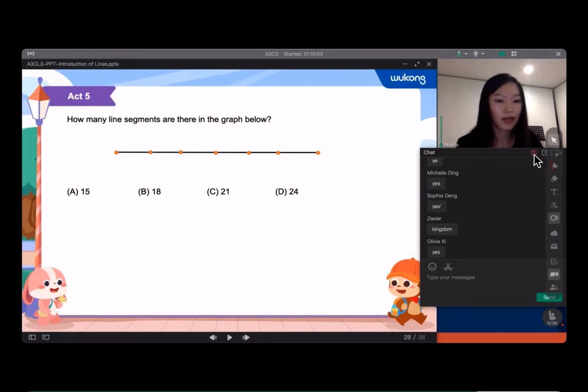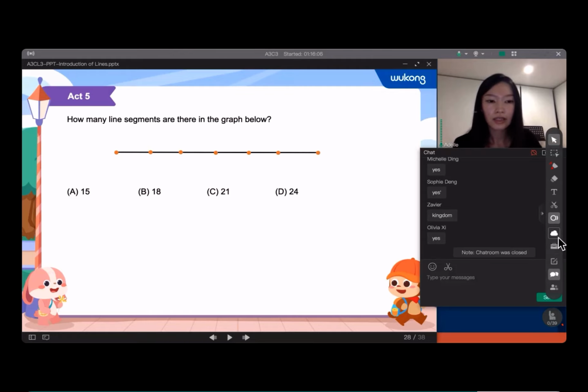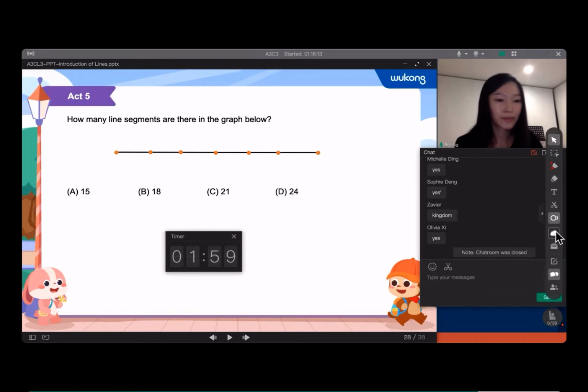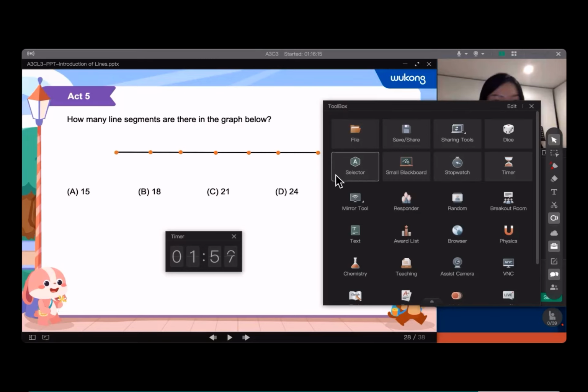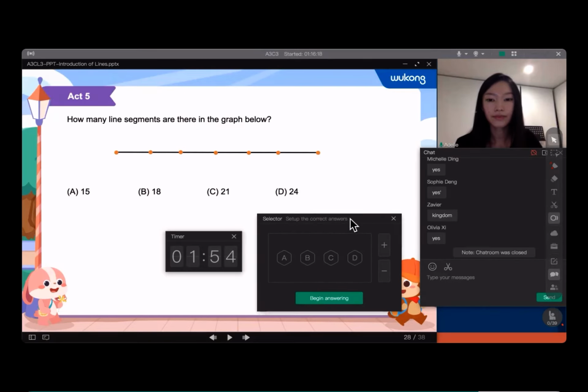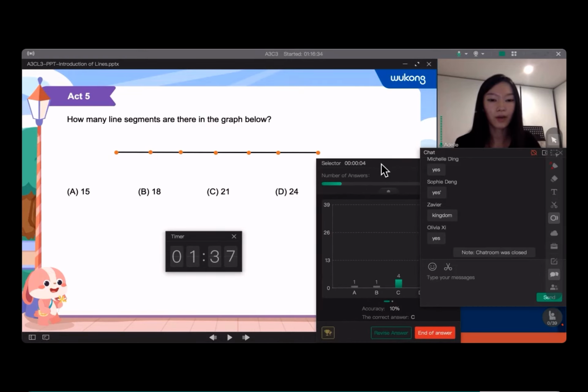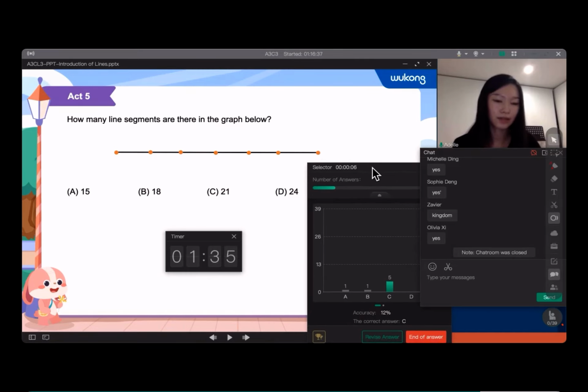I'm gonna close the chat for now, and again, I think you guys are getting a little bit better. So how about we try 2 minutes, okay? Starting from now. Again, if you're confident with your answer, you can pop your hand up, okay? And then we'll get you on stage.